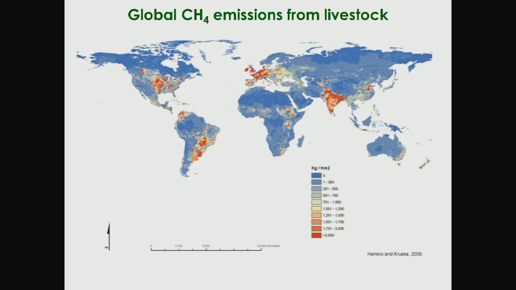So, first of all, emissions from livestock. Methane generation globally pretty much matches the key sites of livestock cultivation. So, a lot of livestock cultivation in Europe, parts of America, a lot in India, very intensive cultivation of cattle, particularly in India, and this is mirroring this methane production.